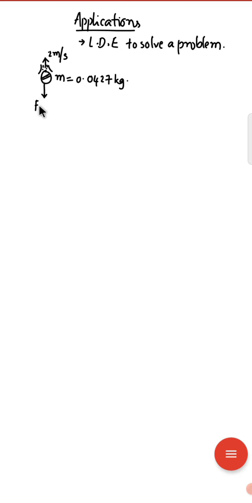You call it FA, the force due to the air resistance, and it is numerically given in the problem as 0.5 v, where v represents the velocity of the ball at a time t.